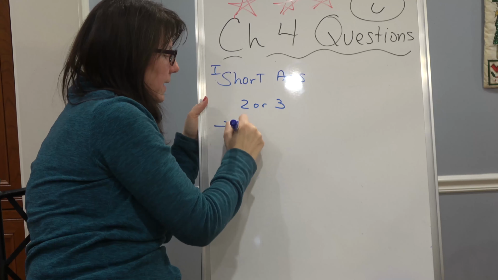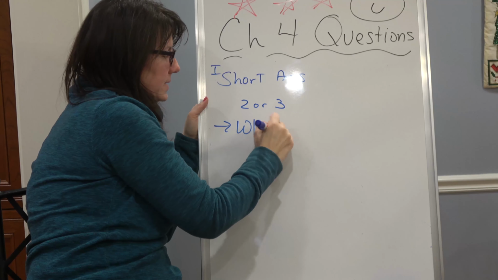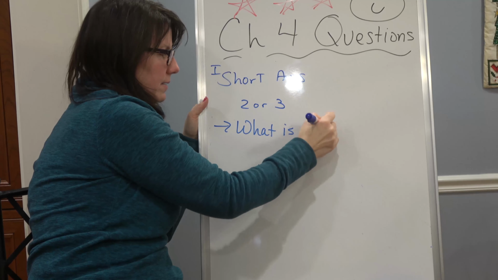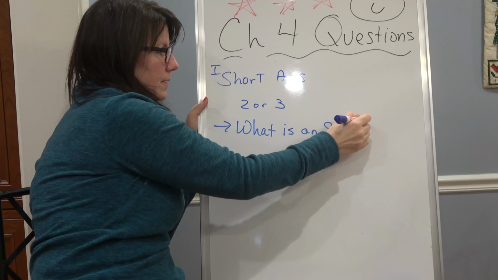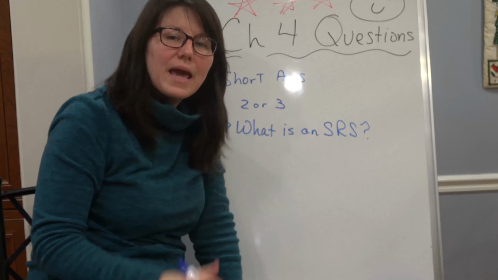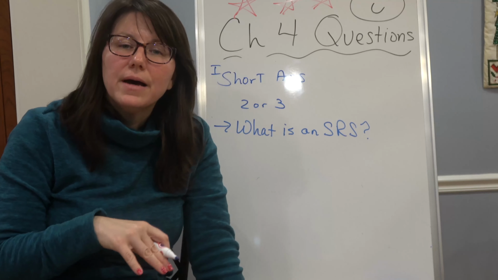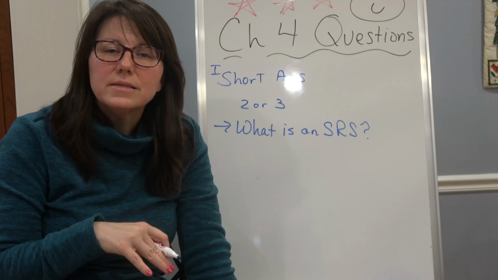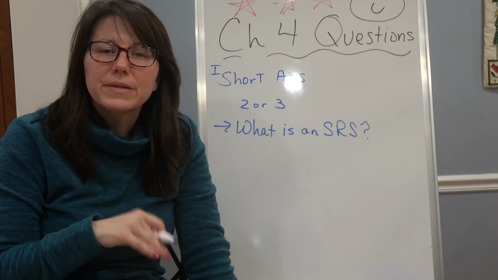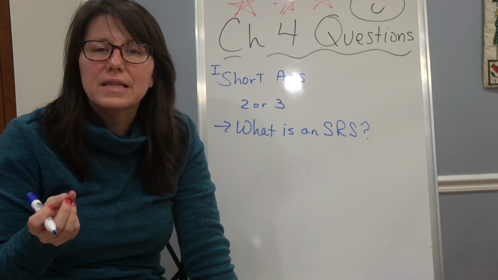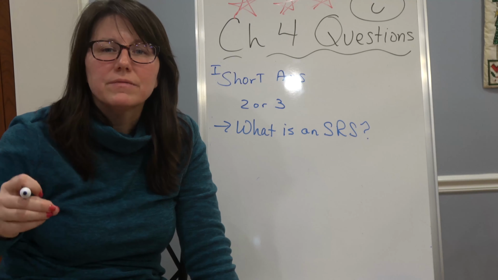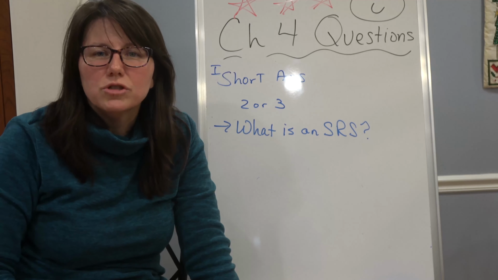One of them will be, what is an SRS? I ask it every year. Most students give me half the definition. They say every individual has an equal chance of being chosen, but they leave out the other half, the fact that every sample of size n has an equal chance of being chosen.